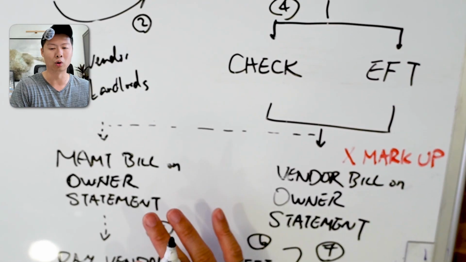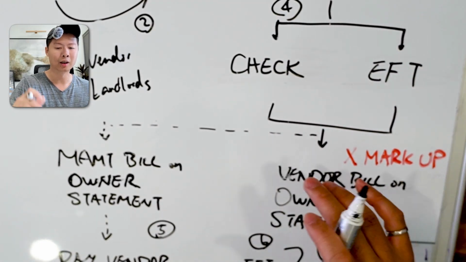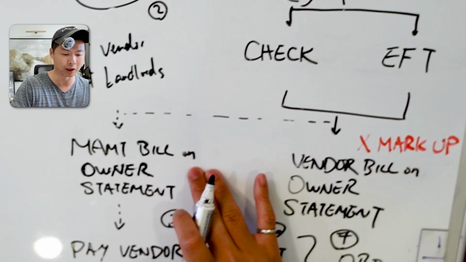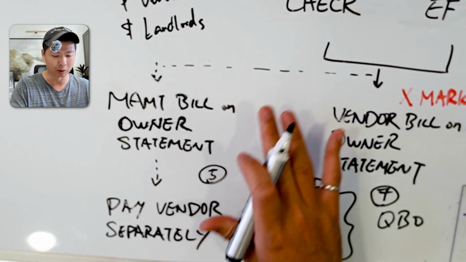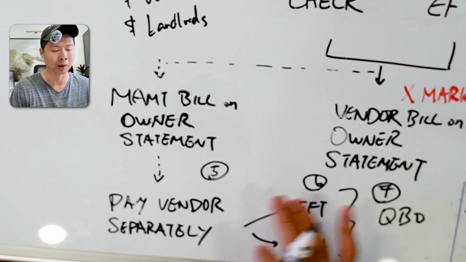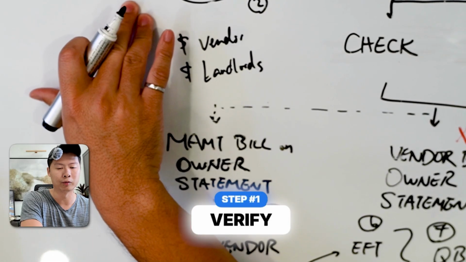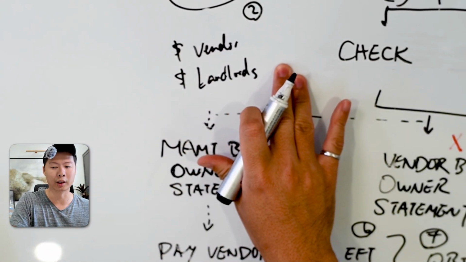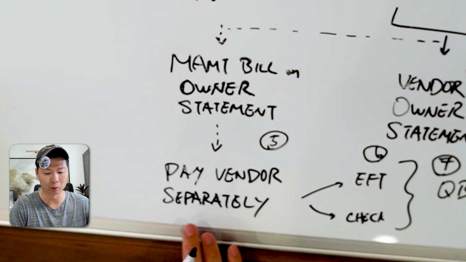Everything here is all going to be skipped, because I'm not going into the system to record checks payable to the management company and then try to upload another invoice to pay the vendors. So the entire thing gets skipped. All I'm doing here is to verify. So step number one, verify. Give the information about the markup. Okay, the rest now goes all the way to here.